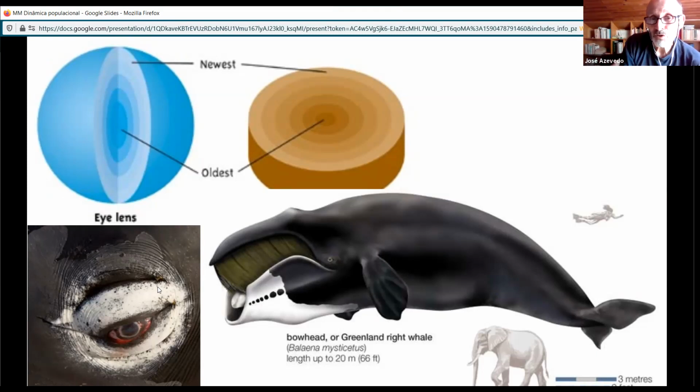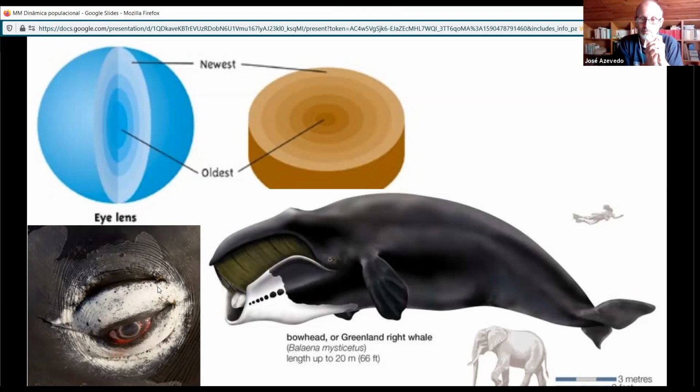And this technique has been used to date right whales, bowhead whales, from the protein in their eyes. Again, the animals are dead, are killed, and the studies have been done with bowheads captured in Greenland by Inuits, by Eskimos. And so they take the eye, and because the eye also grows, as the animal grows, the eye grows by adding layers.